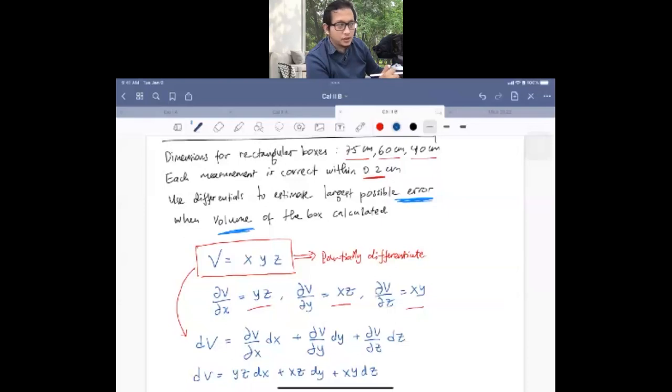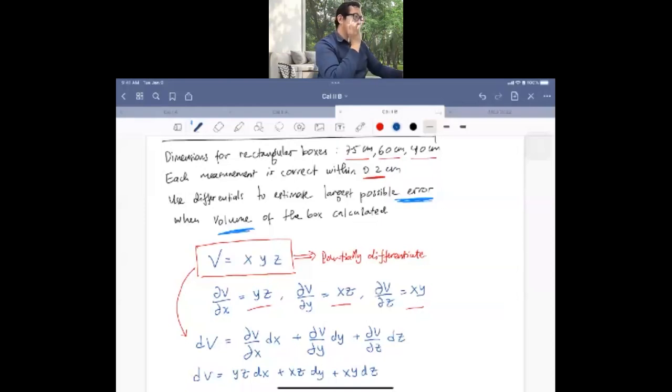Now we are going to calculate dV, and compare it with the total volume, so we can find the difference between dV and the volume itself.